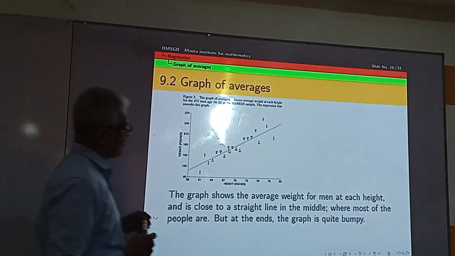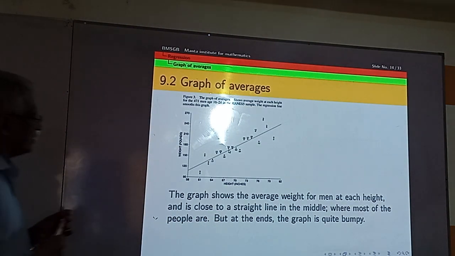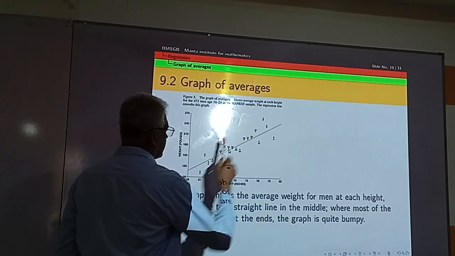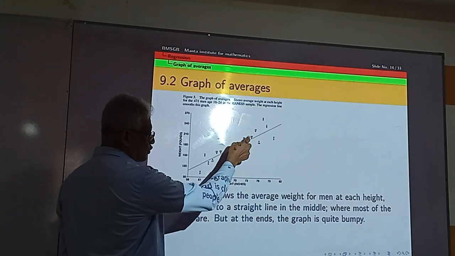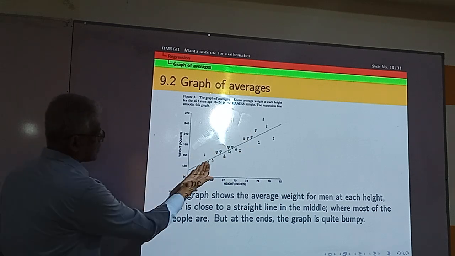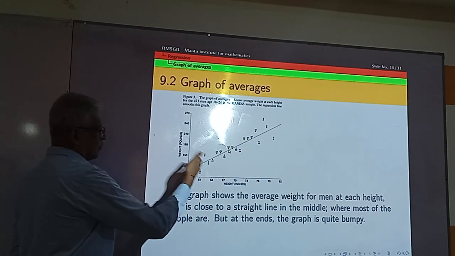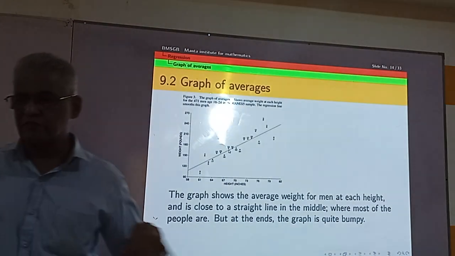Now, in addition to that, what can you see here? For example, in the middle, in this range, the points, averages are more close to the line. Right? But towards the end, for example, here and here, the points are a little bit more far away from the line.